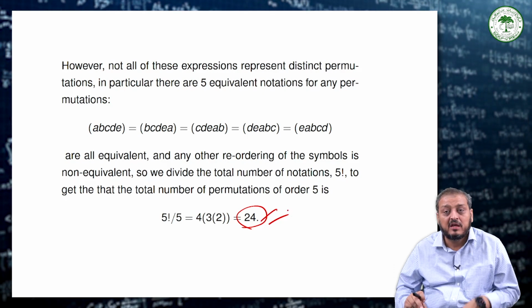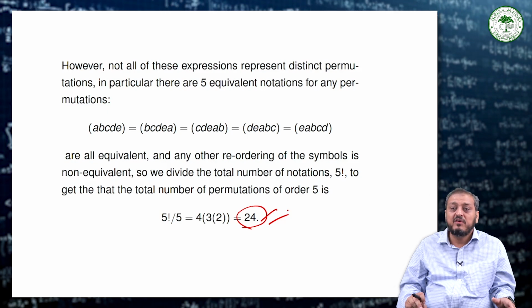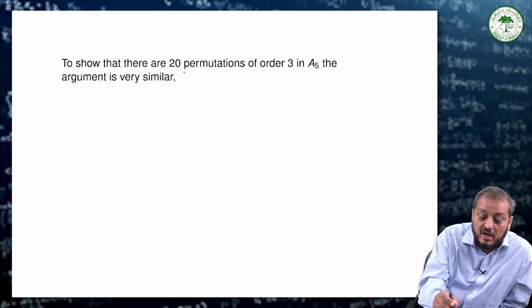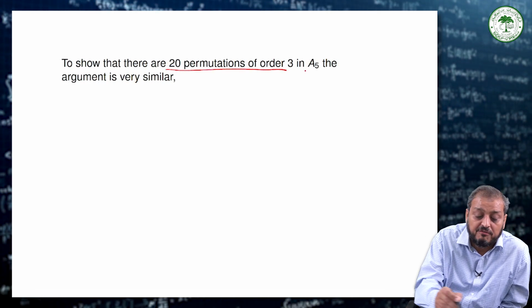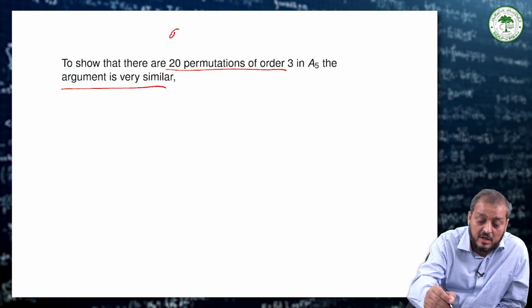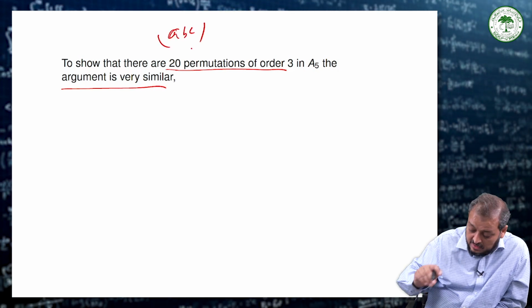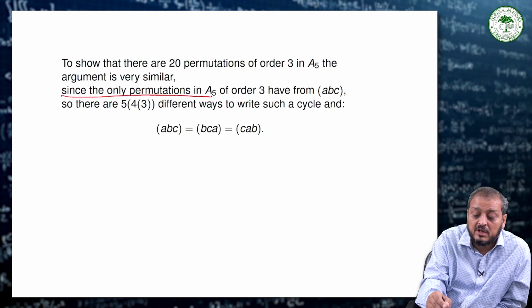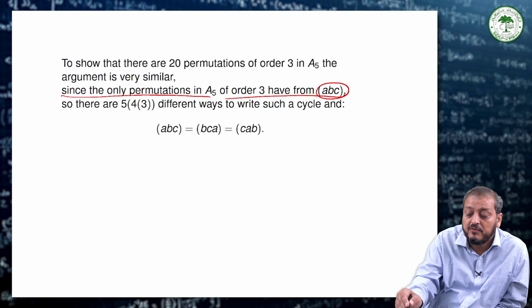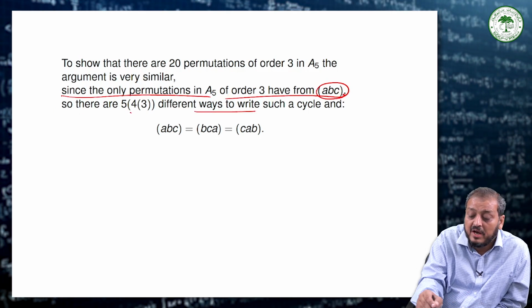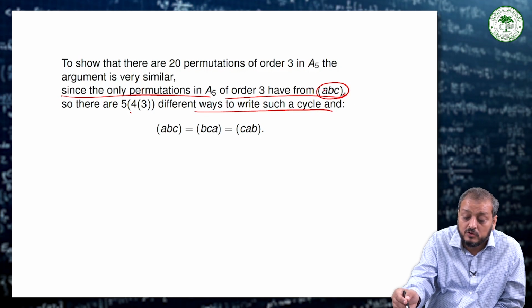Similarly, for order 3, there are 20 permutations of order 3 in A5. They have the form (A B C), so there are 5, 4, 3 different ways to write such a cycle: 5 choices, 4 choices, and 3 choices.